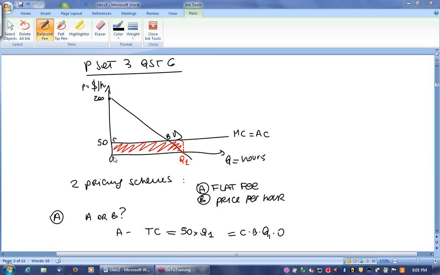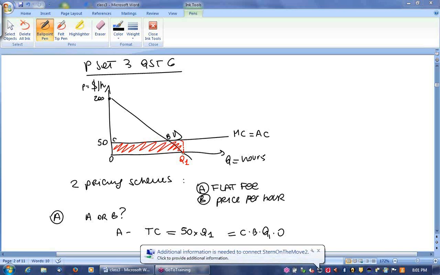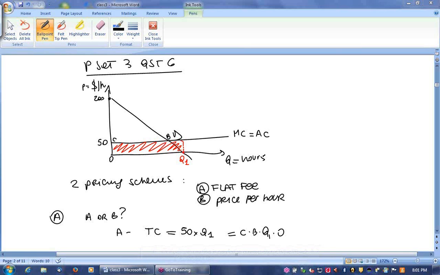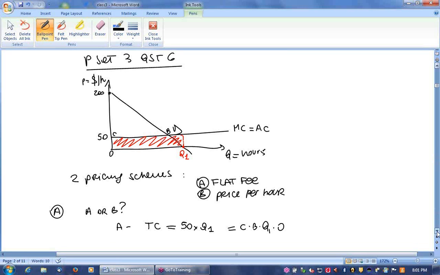Since the per hour price is 0, you are going to pick on the demand curve the number of hours that correspond to a price of 0, and this is where the demand crosses the quantity axis. So the cost for the monopolist would be cost per hour 50 times the number of hours that agents are going to use. Great. So for now we just have the total cost for the monopolist from the flat fee.